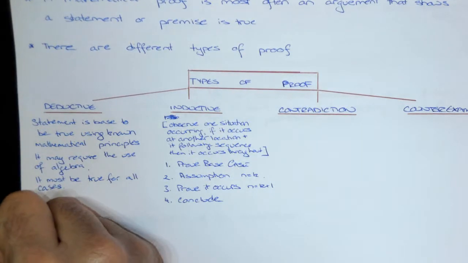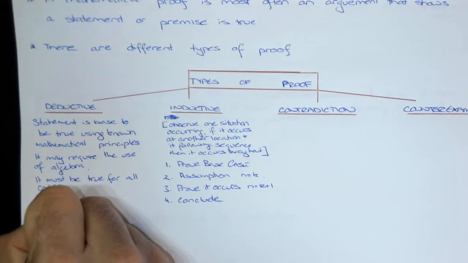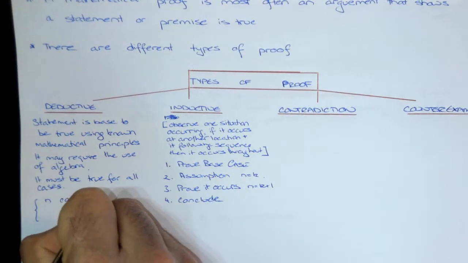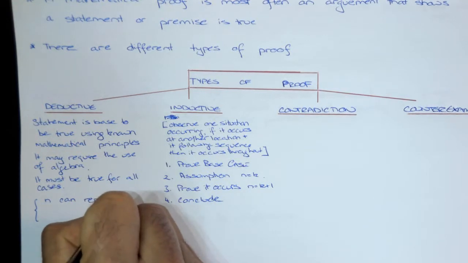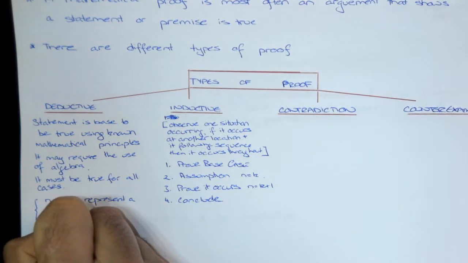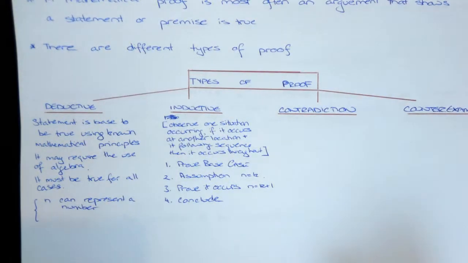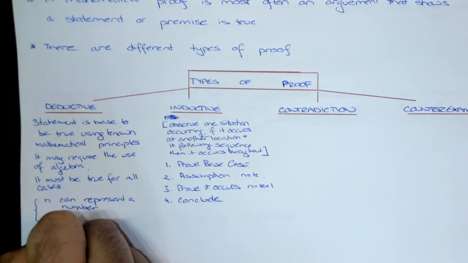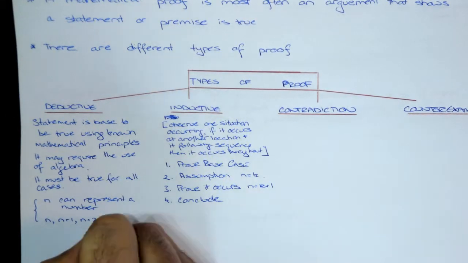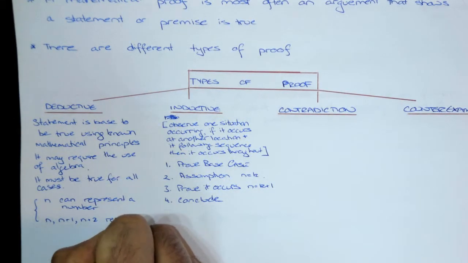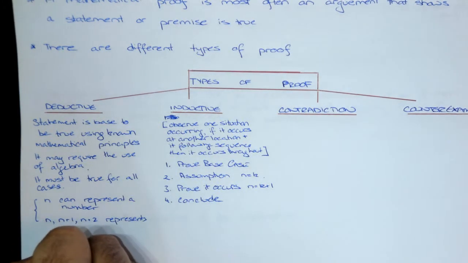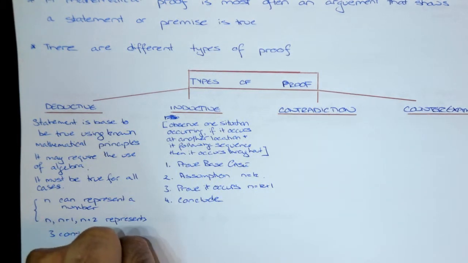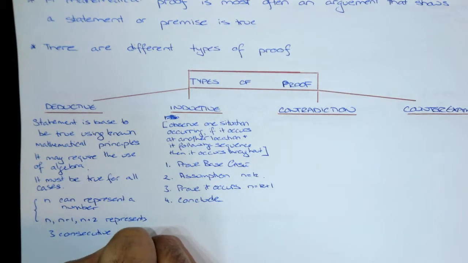Some examples include n can represent a number, and that would happen for all of them. Something like n plus 1, or n plus 2 represents 3 consecutive numbers. So they're proofs by deduction.